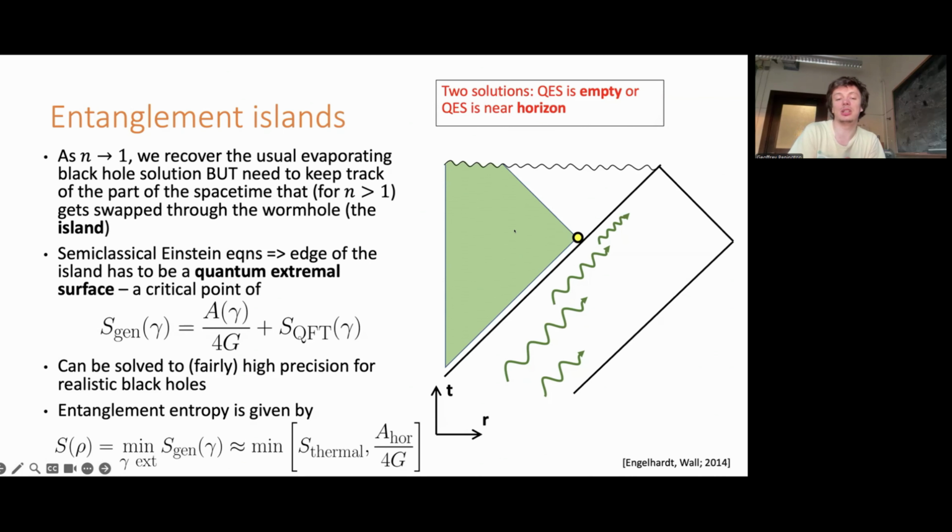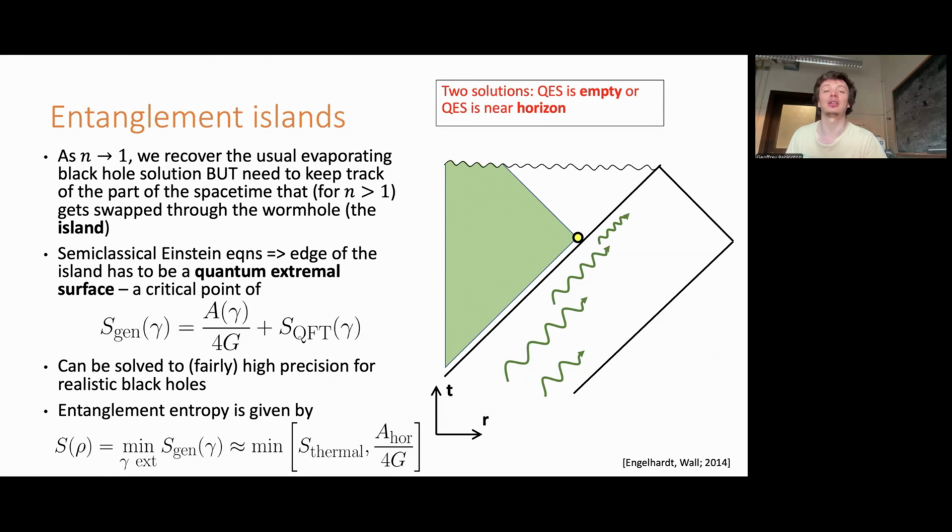So it's like computing the entropy of the whole global pure state rather than just one of the two subsystems. That's basically 0. In reality, it won't be quite 0, but it'll be very small. So this first term basically dominates. And if the island QES is the right answer, then we get the horizon area of the black hole.